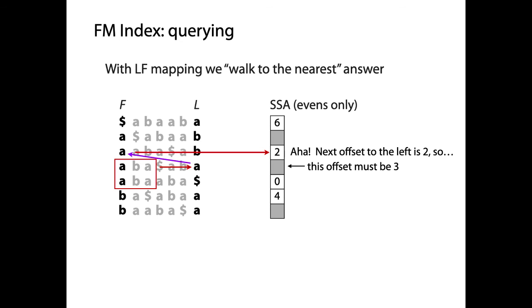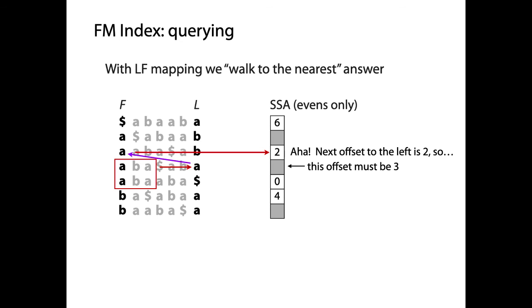So you could consider 16 to be a nice small number, let's call it a constant. Then the number of times I might have to use the LF mapping before I get to a row that has a stored element in the sampled suffix array is at least bounded by a constant, right? It might still be plenty of work, but at least it's bounded by a constant. So there's some sort of guarantee about how much work I would have to do in order to recreate what the offset of any of my results is.